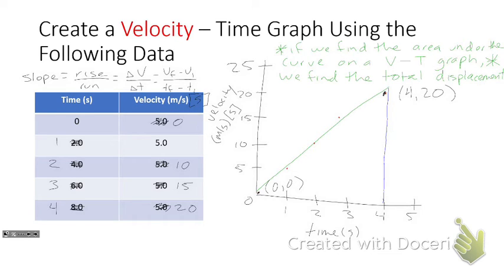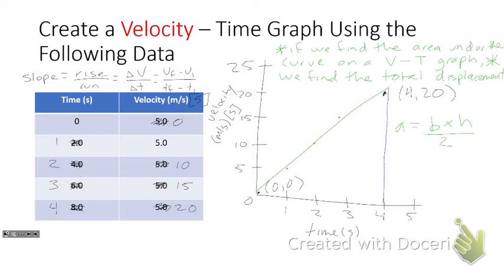So that is going to be something we need to know how to do. Can anybody remind me how to calculate the area of a triangle? Perfect. So the area for a triangle is equal to base times height divided by 2.